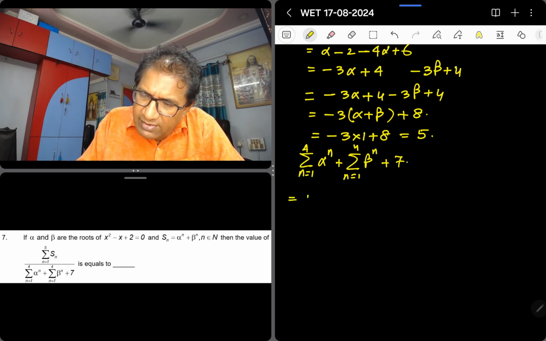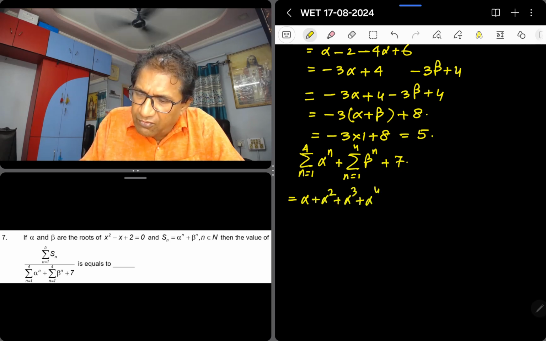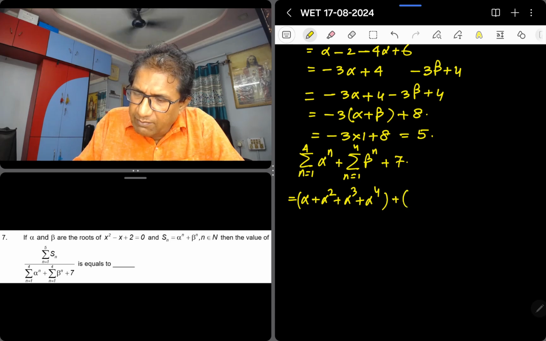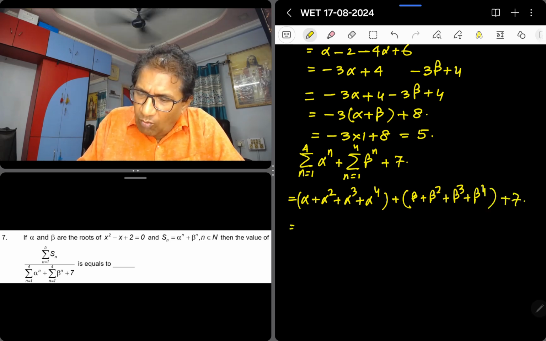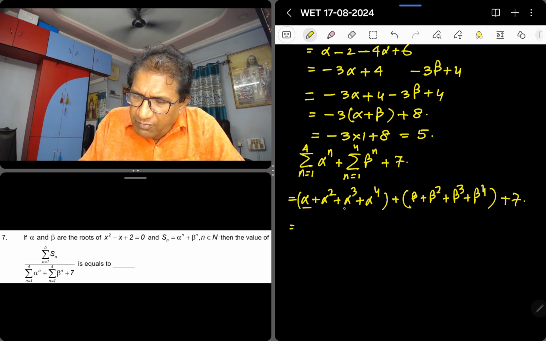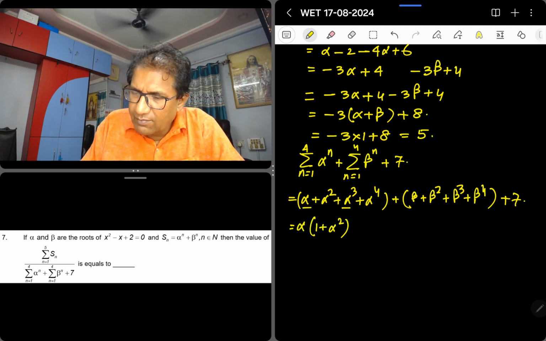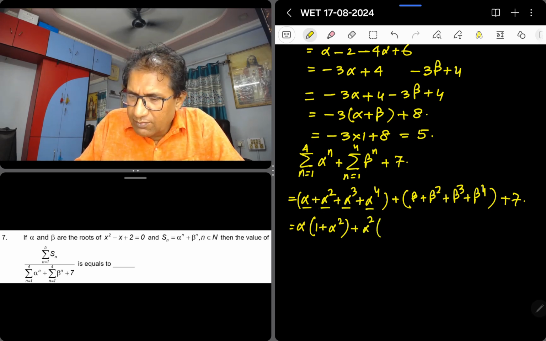It actually means alpha plus alpha square plus alpha cube plus alpha 4. Same thing here, beta plus beta square plus beta cube plus beta 4 plus 7. Now, again from this, what I am doing, from these 2, I am taking alpha common. And from these 2, I am taking alpha square common.